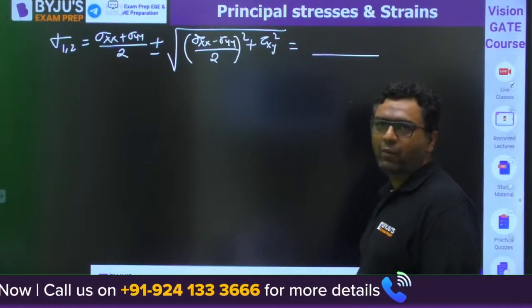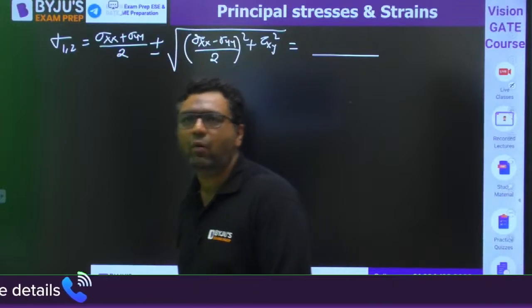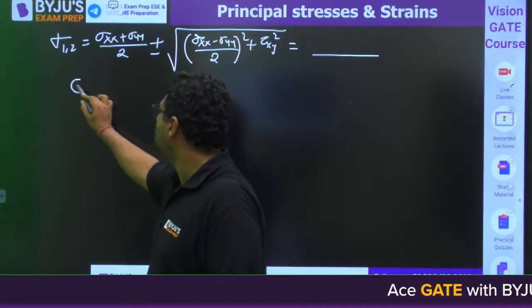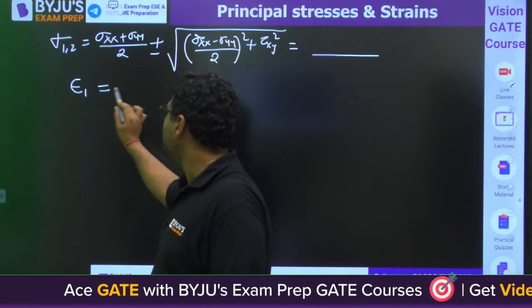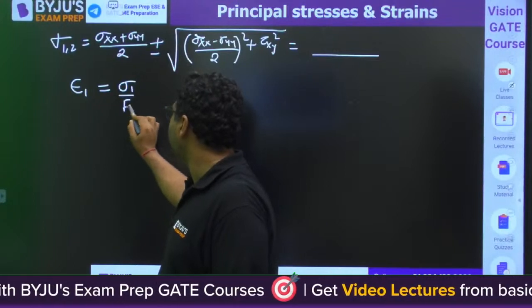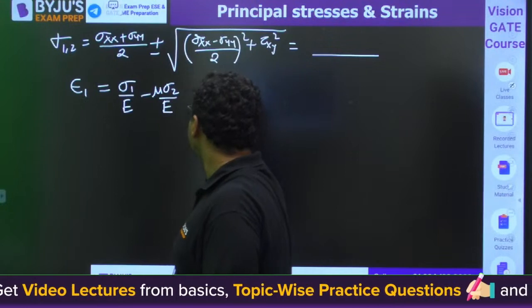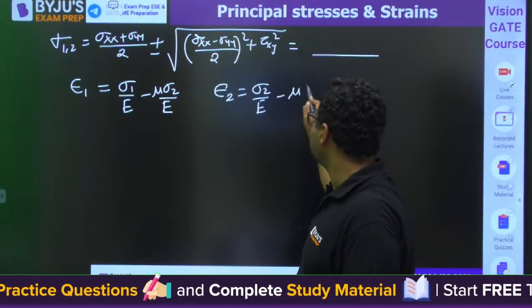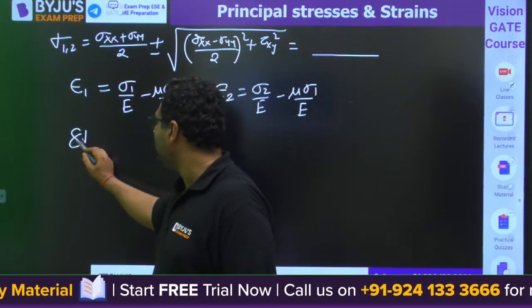You will get sigma 1 and sigma 2. After getting those values, you can find out epsilon 1. What will be epsilon 1? Sigma 1 by E minus mu times sigma 2 by E. What is epsilon 2? Sigma 2 by E minus mu times sigma 1 by E. Epsilon 1 is delta D1 by D.